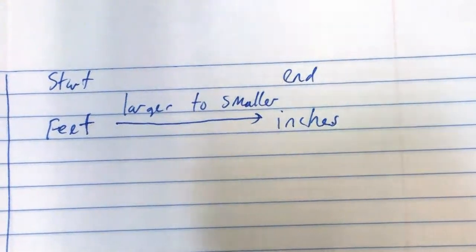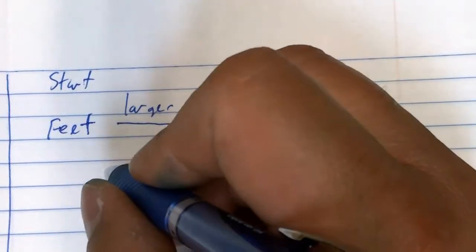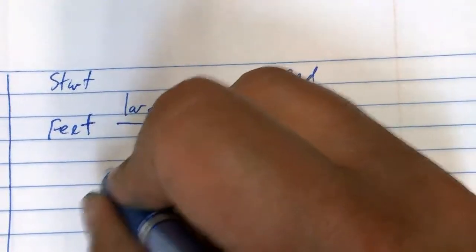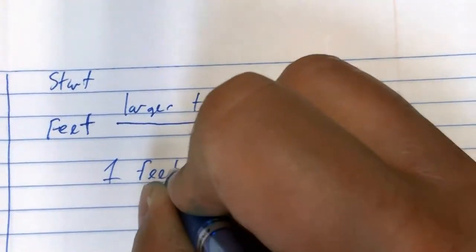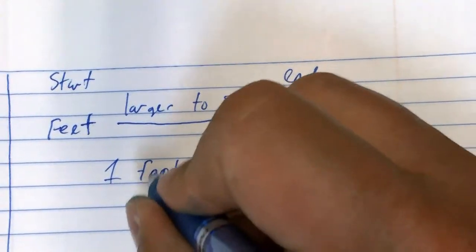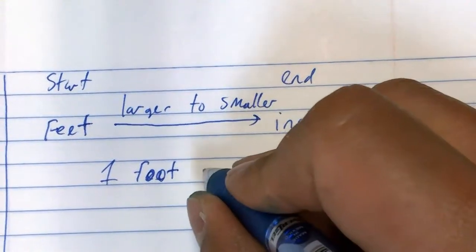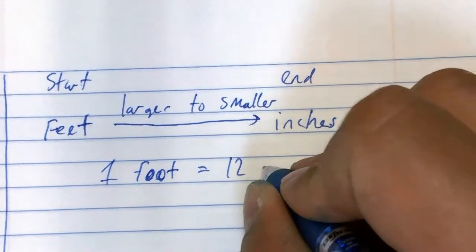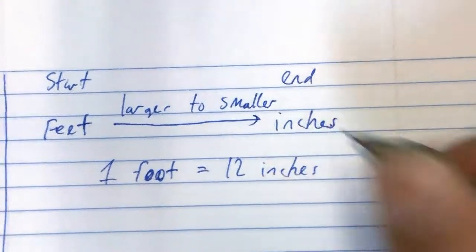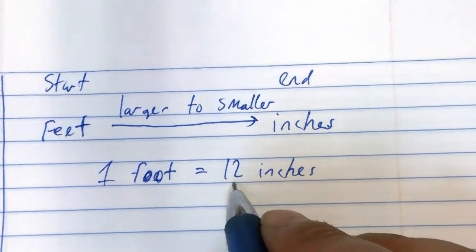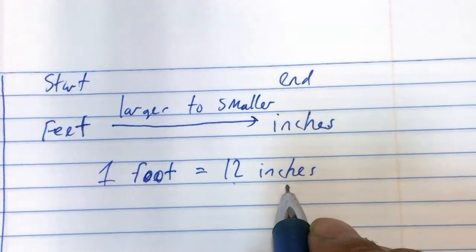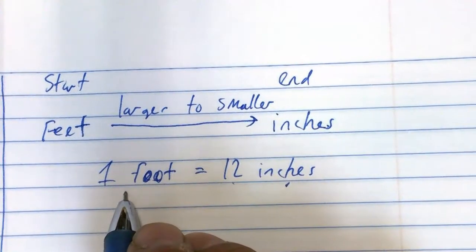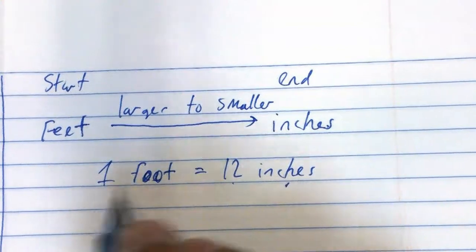Best way to think of this. Let me tell you what's going on. In 1 foot, well, not 1 feet, 1 foot, it's the same as 12 inches. So you need 12 of these units to get one of these larger units, okay? So 1 foot is 12 inches.